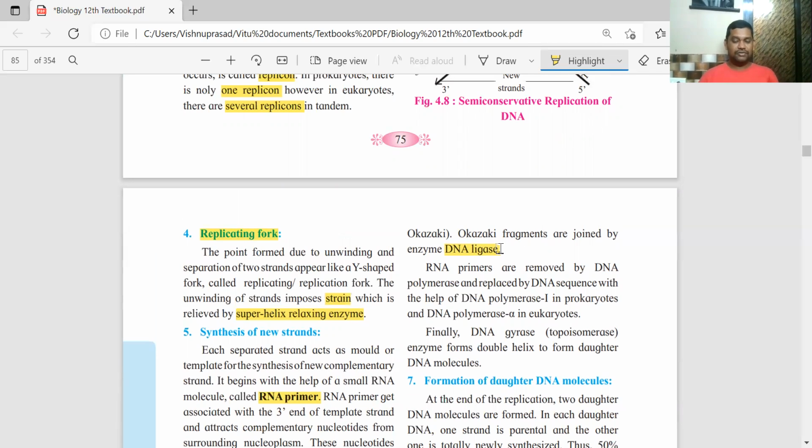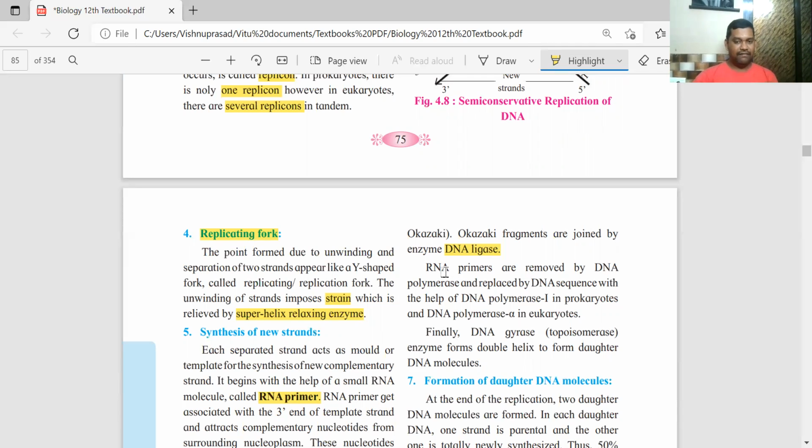DNA ligases are joining enzymes. They join fragments and ultimately जो lagging strand बना है वो भी पूरी तरह से complete हो जाएगा.